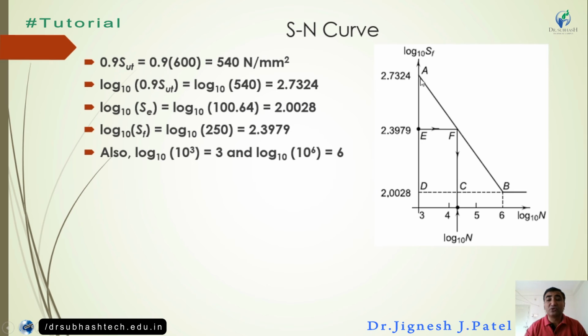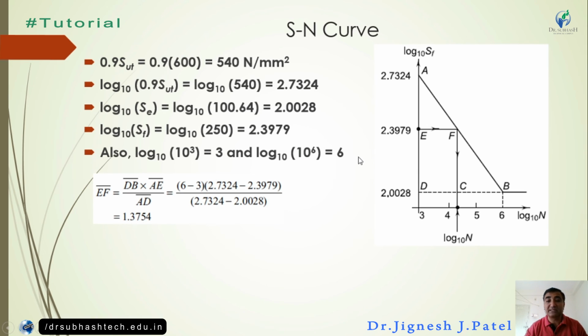You can see two similar triangles, AEF and ADB. In the similar triangles, EF is what we have to find for log N. So EF is equal to DB into AE upon AD, from the two similar triangles.